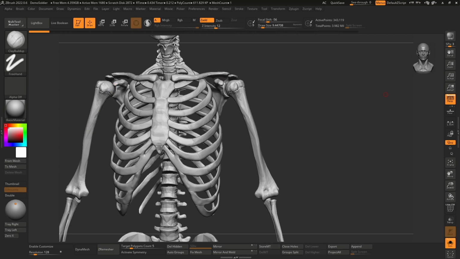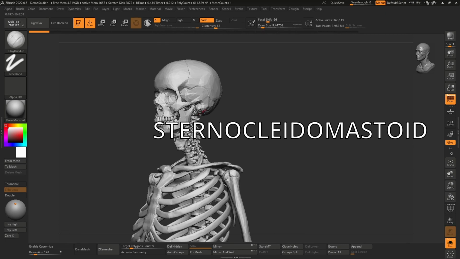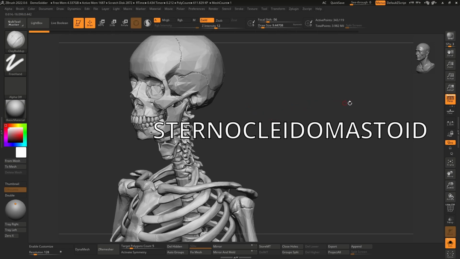Then we have another insane mouthful as well called the sternocleidomastoid. And that just sounds like the most bonkers muscle in the world, sternocleidomastoid. But if you break it down, sterno is this shape here. This is the sternum. This is just this whole shape. Cleido is this shape here, the clavicle.